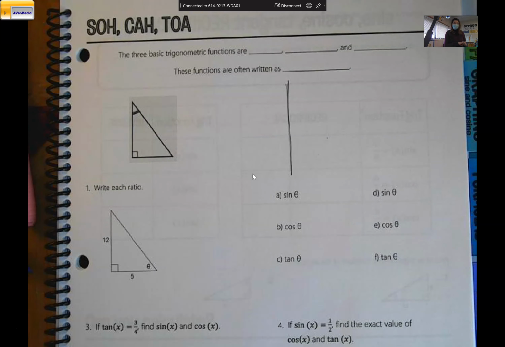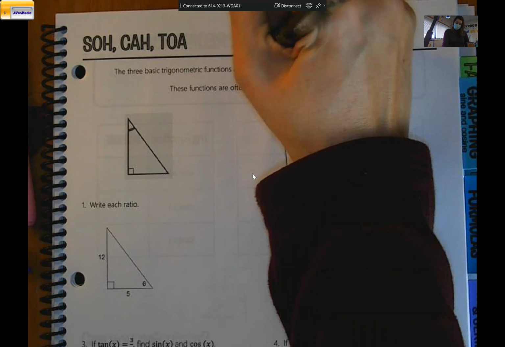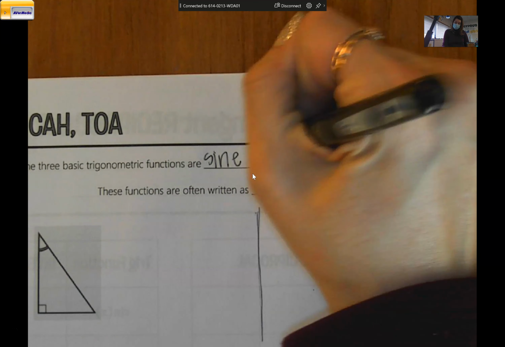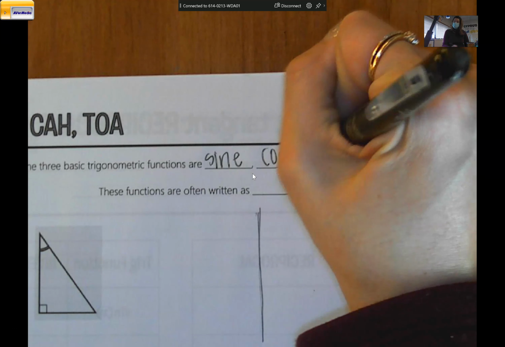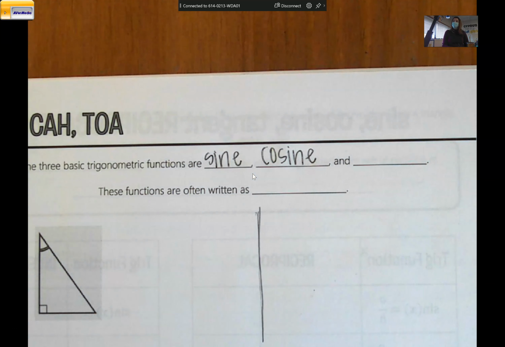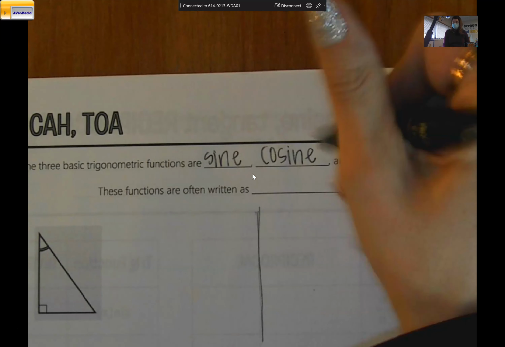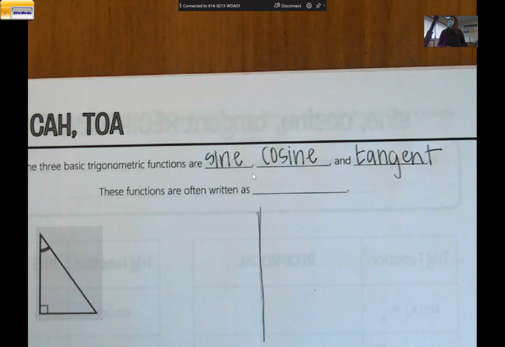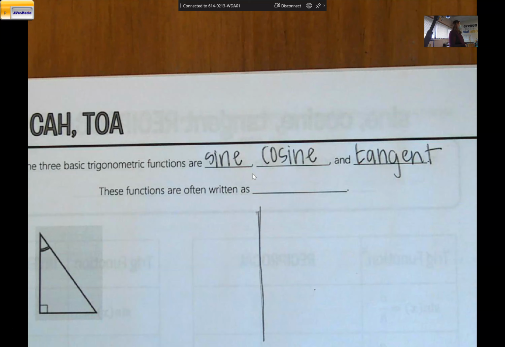Okay, the three basic trigonometric functions are sine, S-I-N-E, cosine, C-O-S-I-N-E, and then a completely different one, tangent. So sine, cosine, tangent.